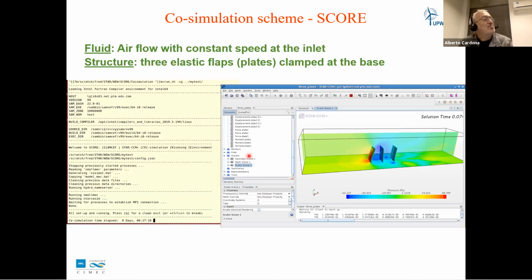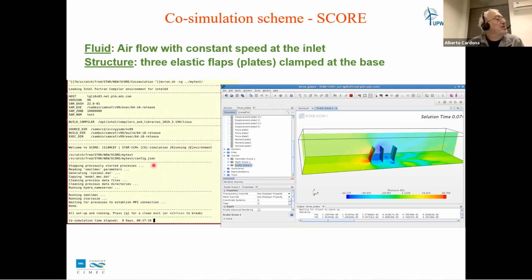This is an example of some tests we have made. For instance, here we have a structure which is composed of 3 elastic plates. And we have a view here of the flow.